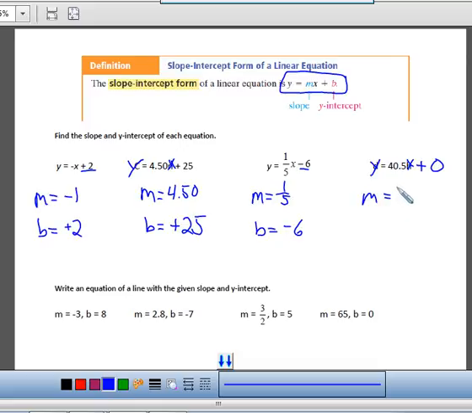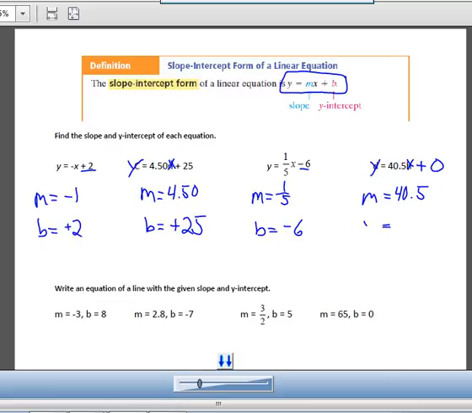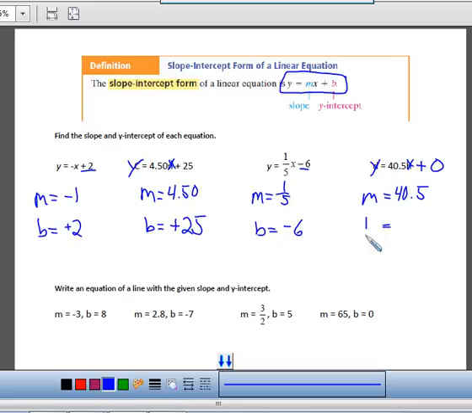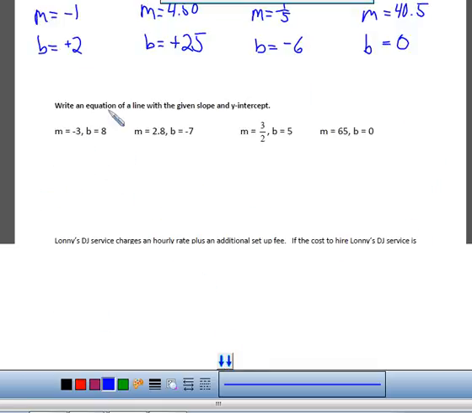So m is 40.5, and b, the y-intercept, is 0.